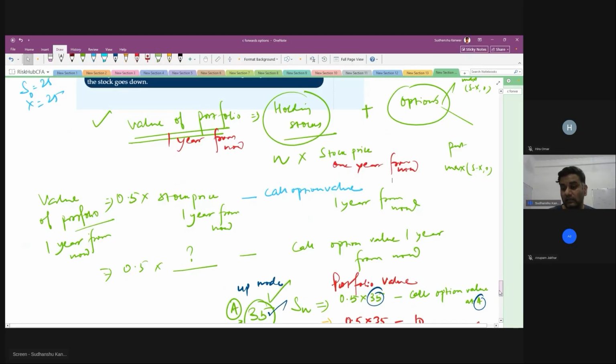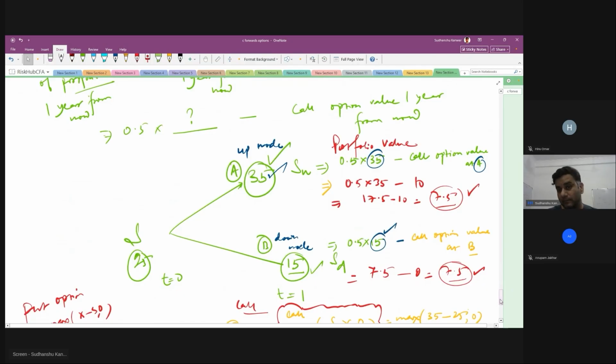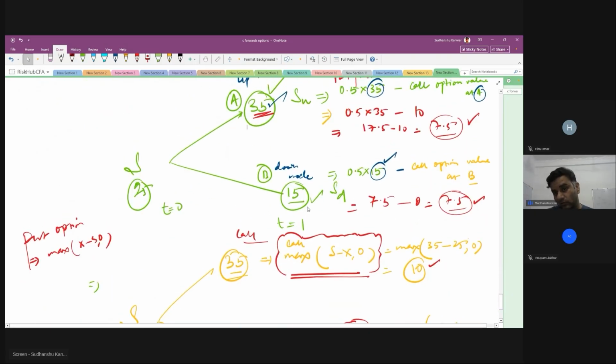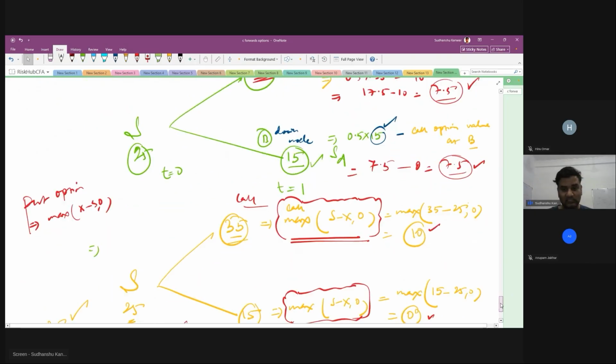At each node, the price you found, 35, you put it here, and the call option value you calculated below, you put it here. Same for the other node. This is it, you have to learn, guys.